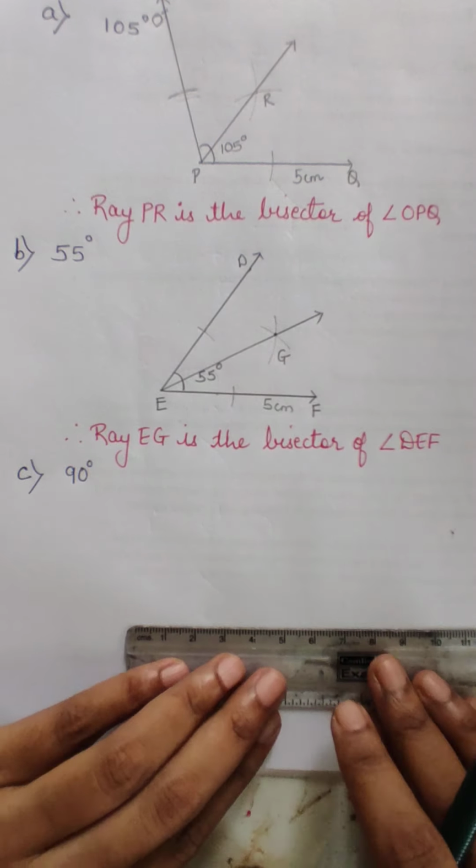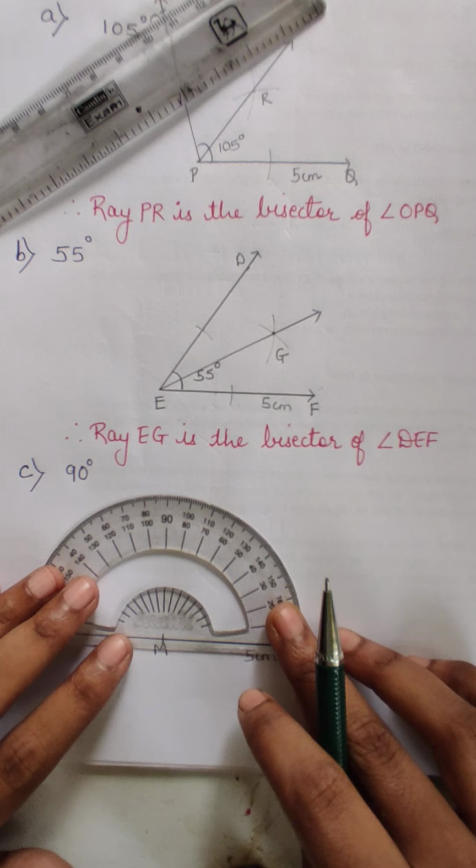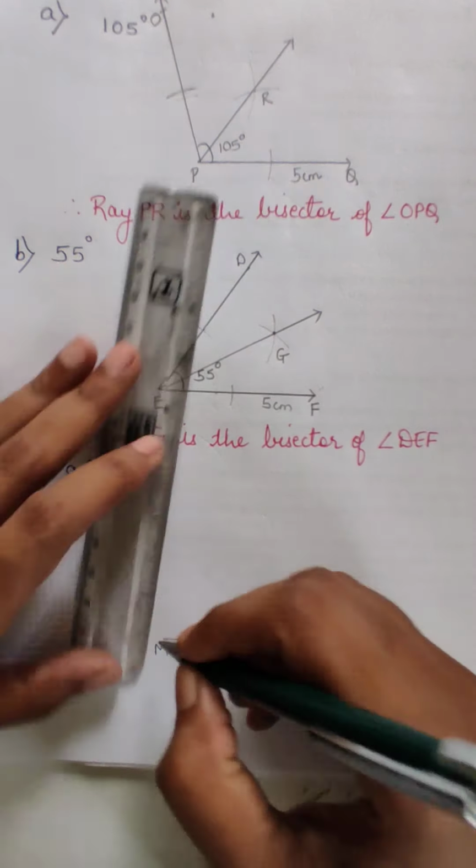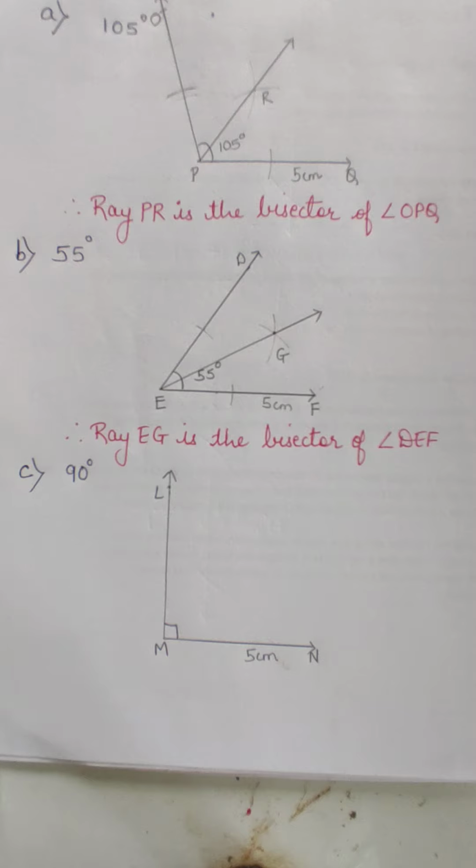So ray MN is 5 centimeter. Now the angle is given 90 degree. It means it's a right angle. So I will make a right angle 90 degree. I will draw a ray, straight line. This is my ray LM and this is 90 degree.